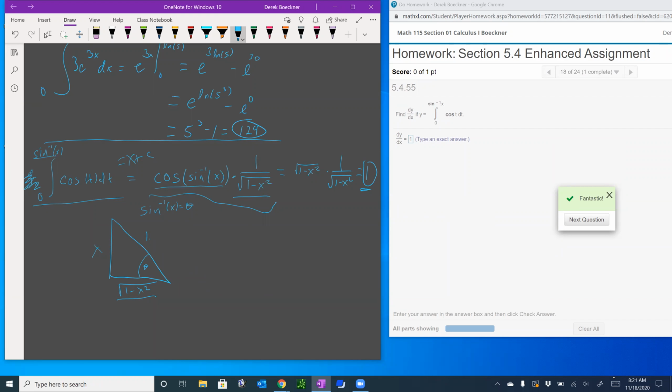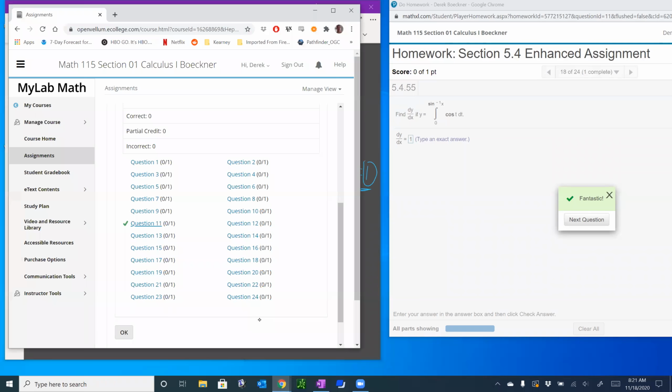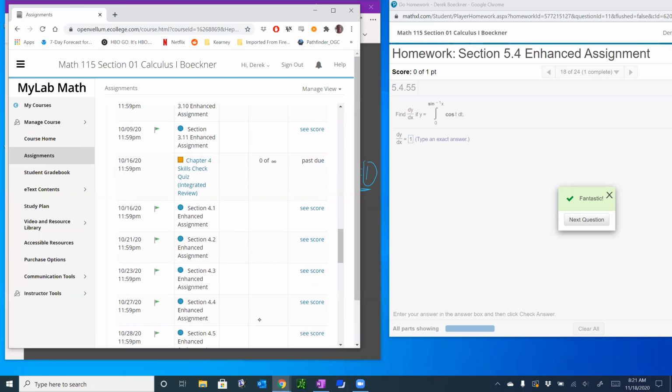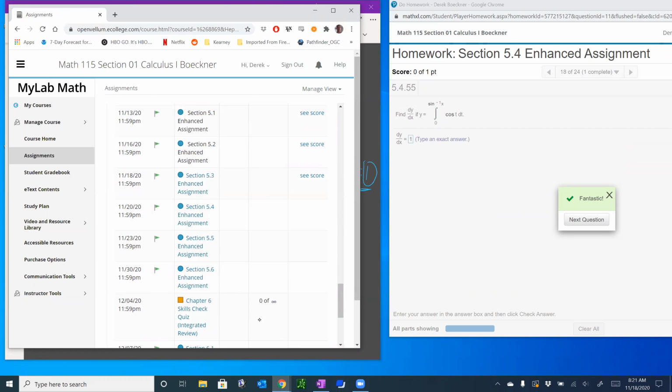Monday of Thanksgiving week, 5.5 is due. 5.6 is due on the 30th, which is right after you get back from Thanksgiving. And then we'll have a day there, and then Wednesday will be the exam.